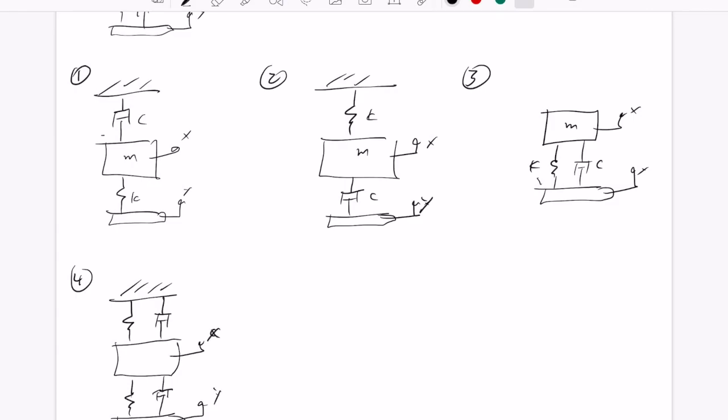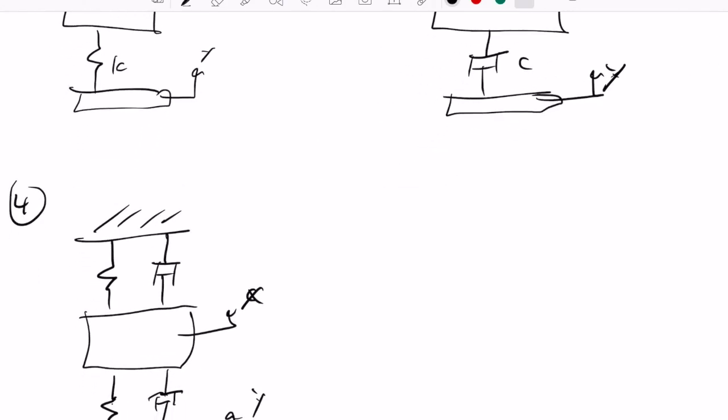So there's y. We're going to call this the mass of the system, this the spring constant of the system, and this the damping constant of the system. Then we'll call this KB for the spring of the base, and CB for the damper of the base.